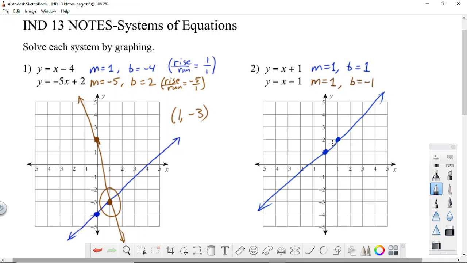Okay, so intercept is -1. So we have that. And then slope is +1. So rise of 1 and run of 1, like that. Gets us to right there. And we draw that line.